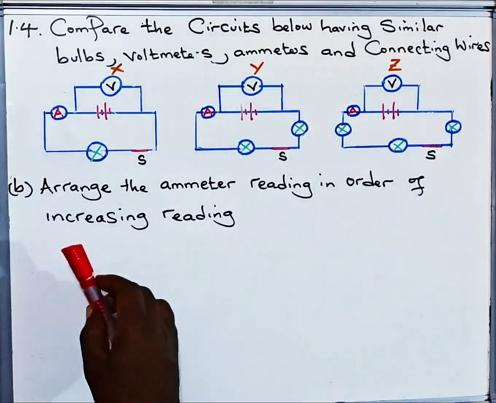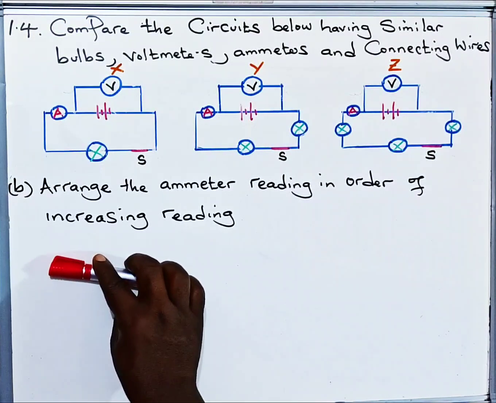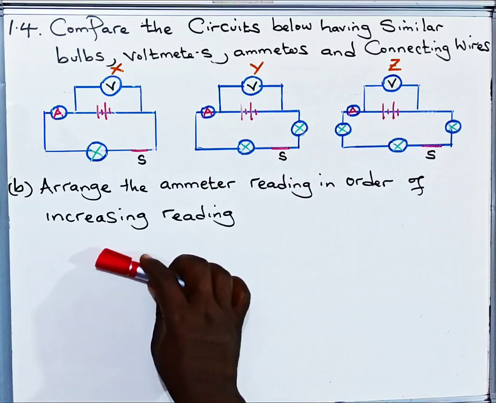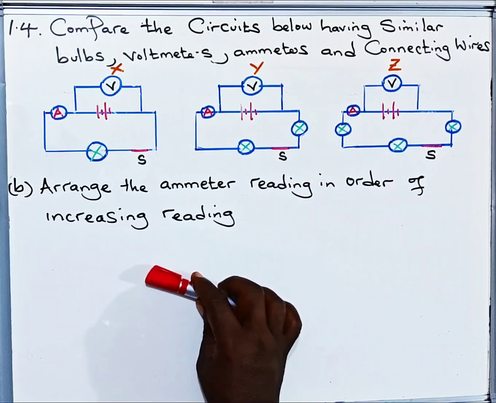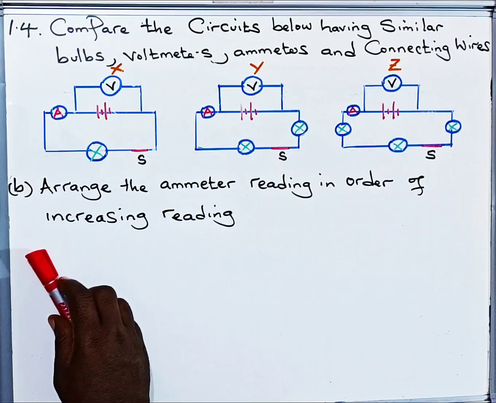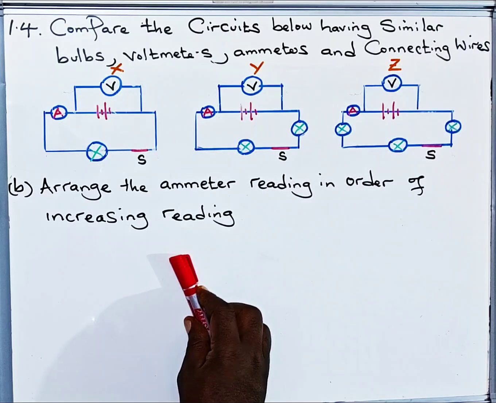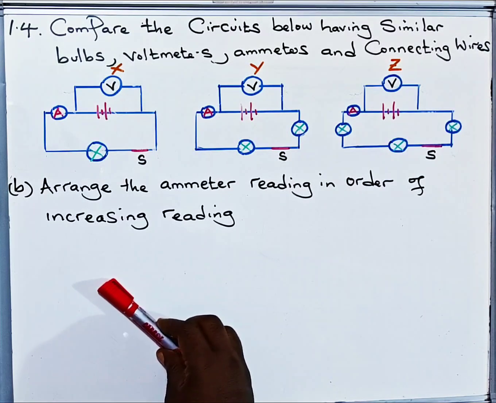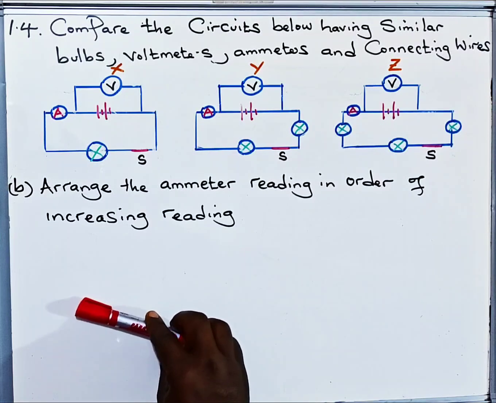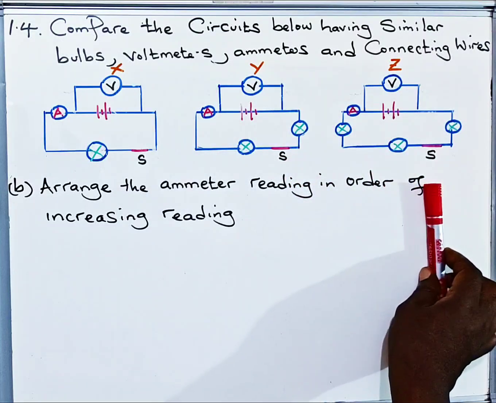Then comes this question. It says, arrange the ammeter readings in order of increasing value. This means that you arrange from the smallest to the highest. So which one is the smallest? Remember we said that the bigger the number of bulbs, the higher is the resistance.